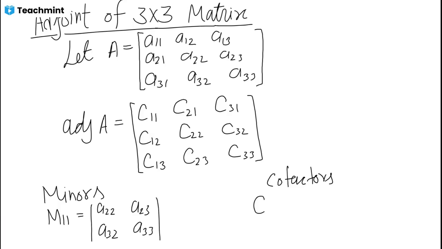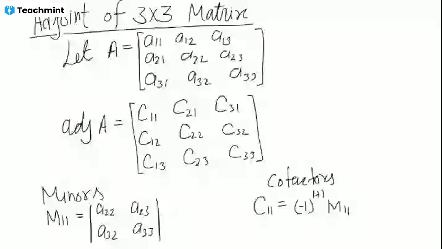And cofactor C11 is equal to minus 1 to the power 1 plus 1, and just multiply by M11. This is the formula you can take. The value of M11 is the determinant of a 2 by 2. Now M12: just leave the elements of the first row and second column.